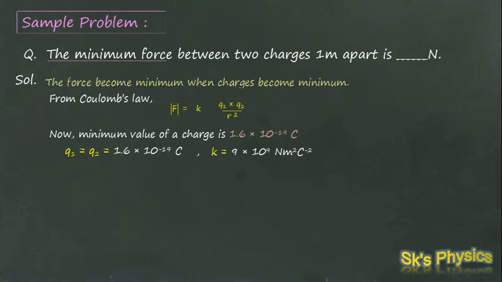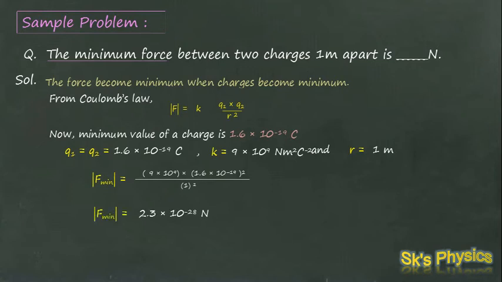K is equal to 9 into 10 raised to 9 Newton meter square per coulomb square and R is 1 meter. All the values put in formula, so we can get F minimum is equal to 2.3 into 10 raised to minus 28 Newton.